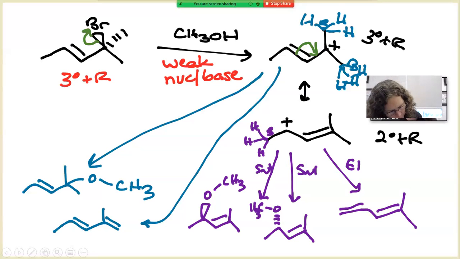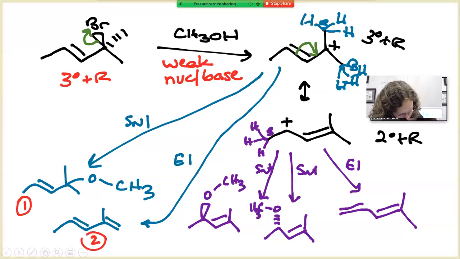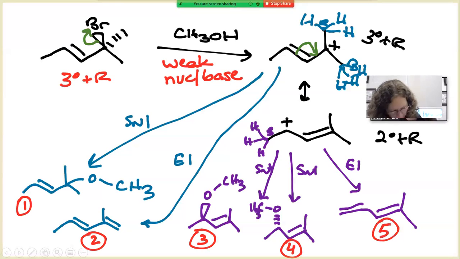I'm going to add the mechanism that we used in these examples, and then count up all of our possible products: 1, 2, 3, 4, and 5. So 5 possible products, because 2 carbocations, each of which can give us both SN1 and E1 products.